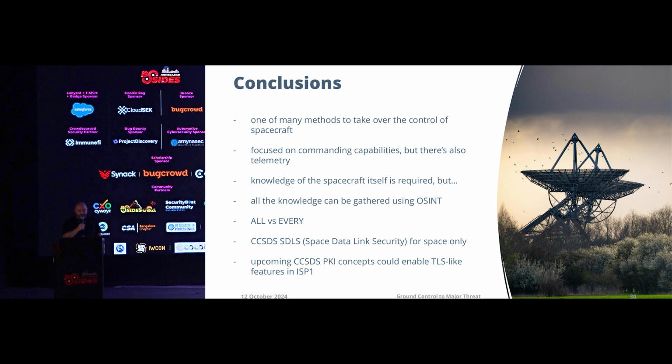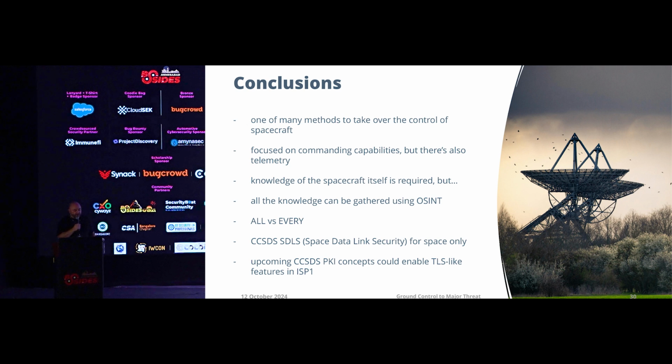So CCSDS came up recently with SDLS, which is the Space Data Link Security protocol. However, it is implemented only on the link between the ground station and the spacecraft. It is not used yet, so as of now, most of the communication is still unencrypted for most of the missions, especially the ones which are running right now.